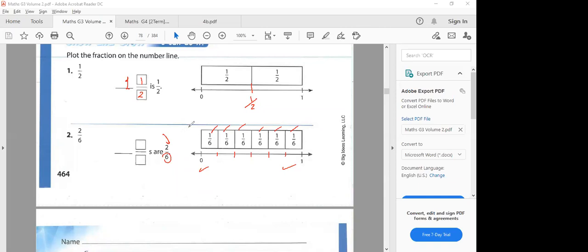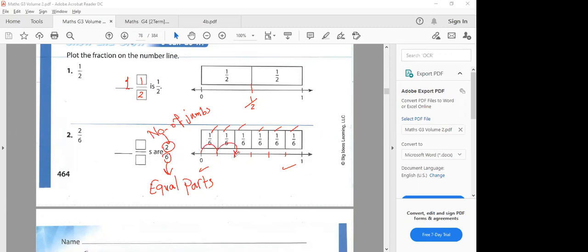So 2 jumps. So the number of jumps is up here. And how many equal parts is down? So equal parts down and number of jumps up. So you need to jump 2 jumps on the number line like this. 1, 2.